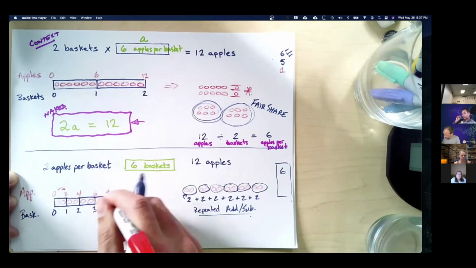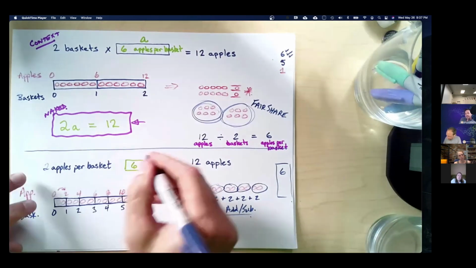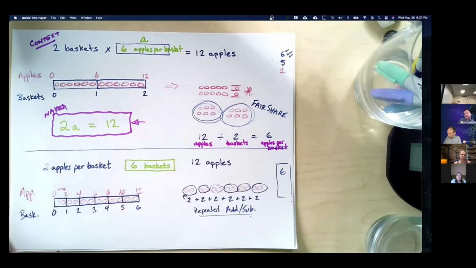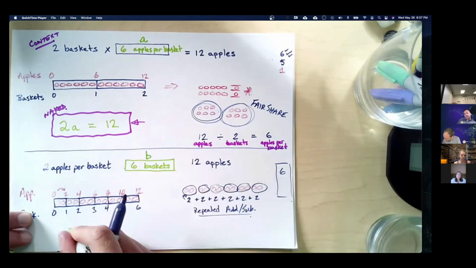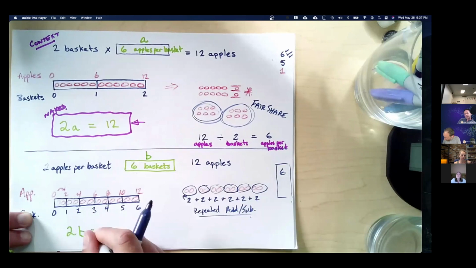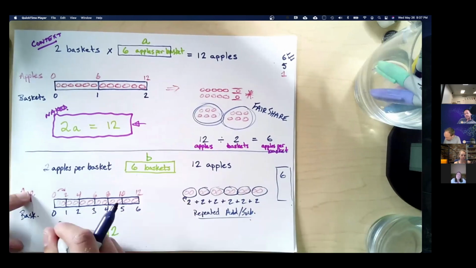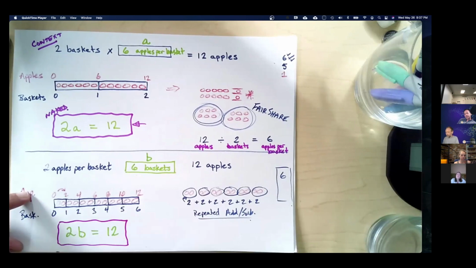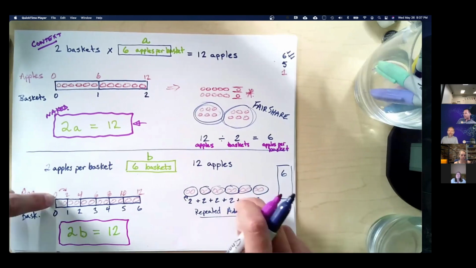And the reason that this is so important is because of the equation that we could create here. I could say B is my unknown. Now it's 2B is equal to 12. And that's going to look identical as a naked problem, but with the context, how you approach it is completely different.